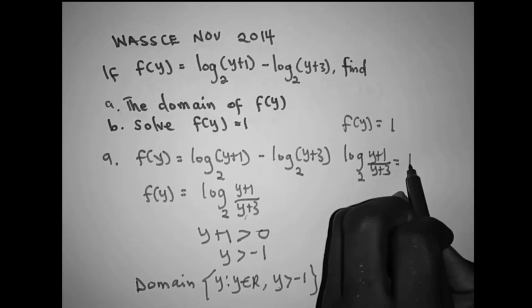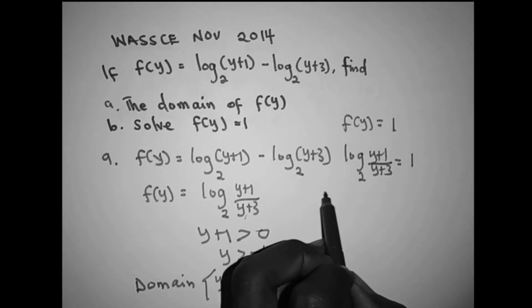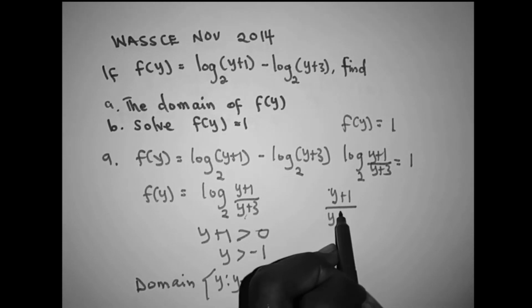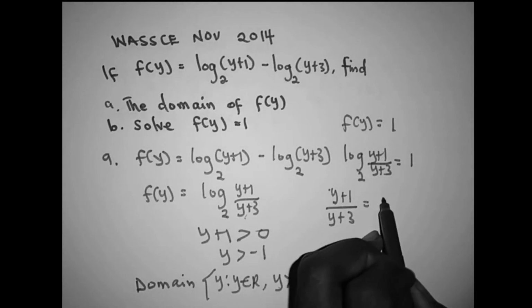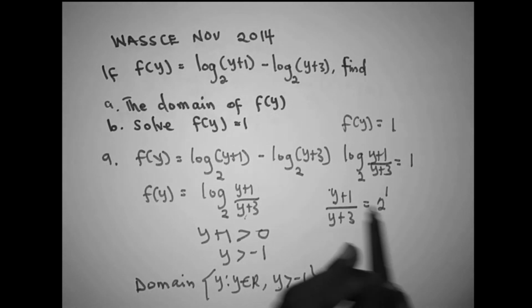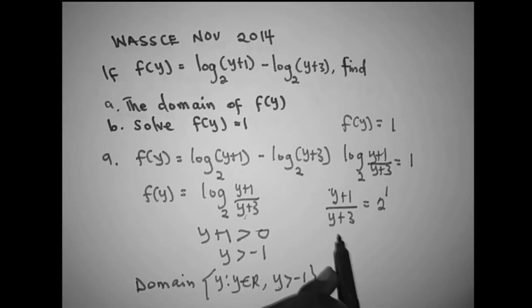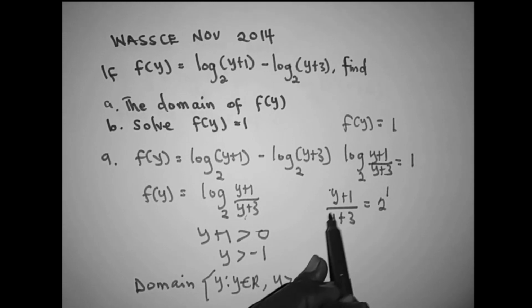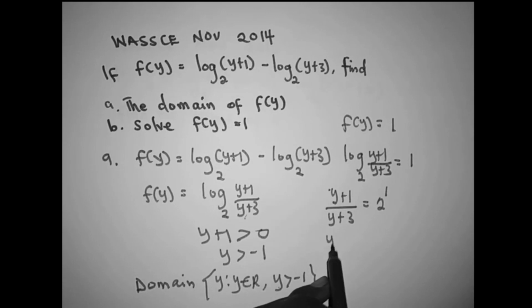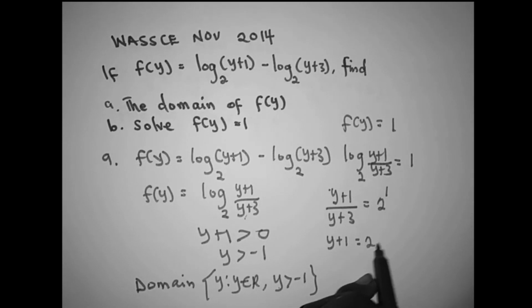So all of this must be equal to 1. So y plus 1 divided by y plus 3 should be equal to 2 exponent 1. So let's cross multiply, or let's multiply through by y plus 3. So this becomes y plus 1 equals 2 times y plus 3.